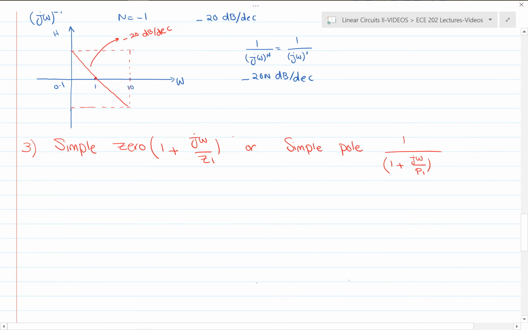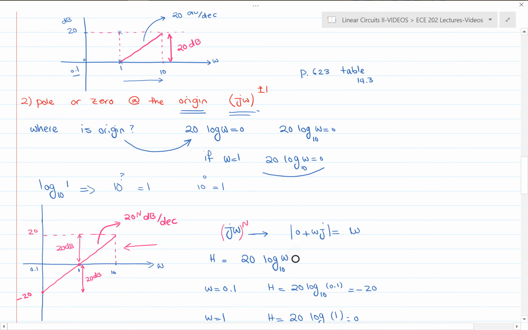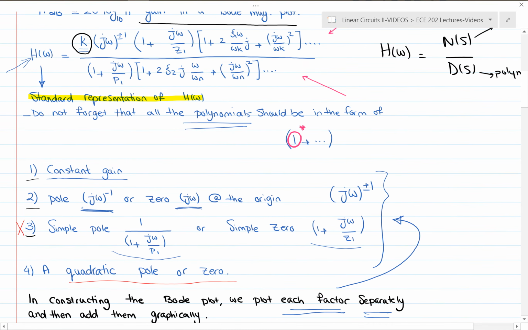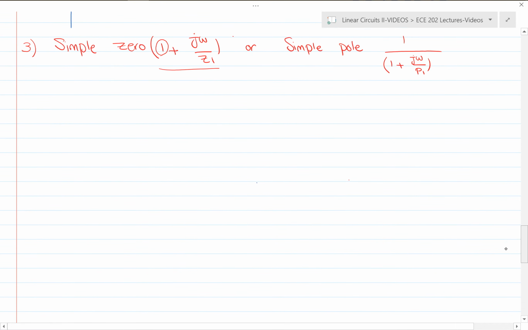And as you can see, in all of these parts that I just talked about, and specifically in this one, which is a polynomial, you can see that this one is 1, right? And before I said that in the polynomials of drawing the Bode plot, you should have this factor equal to 1 here, correct? Okay, so let's go back there.